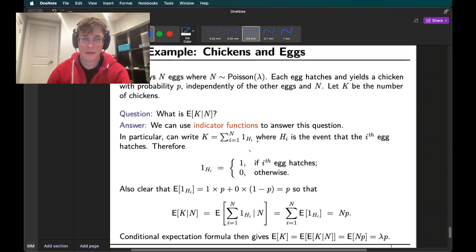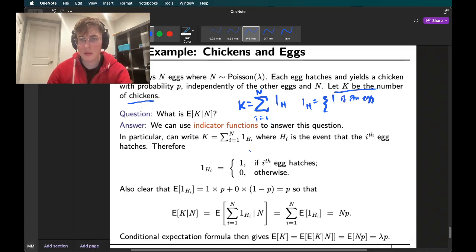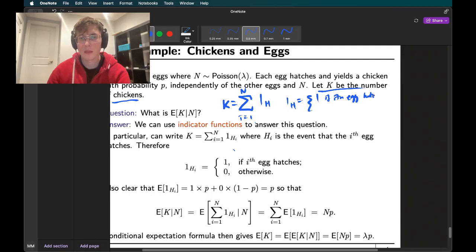So K is the number of chickens from the eggs. I guess what we do then is we can write K as a sum of random variables, the sum of the indicator I_H from i equals 1 to N, where I_H is 1 if the ith egg hatches, and 0 otherwise.